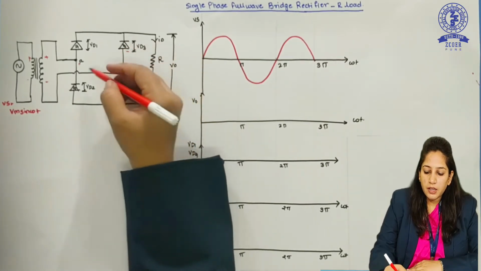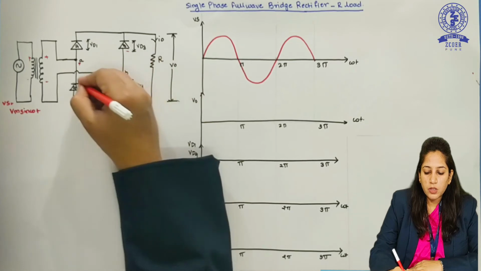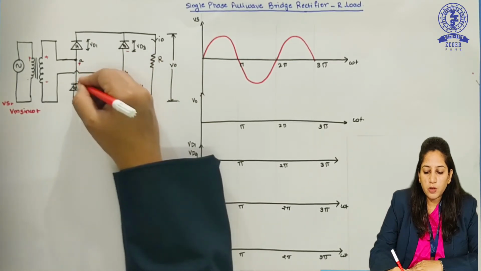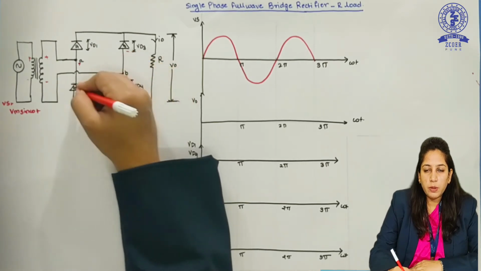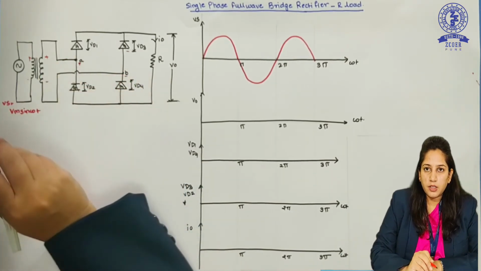Okay. Similarly here it is positive, so the negative terminal of D2 is also positive, that means D2 will be in a reverse bias condition. So D3 and D2 will be in a reverse bias condition for the first half cycle. Why? Because as I have told, due to these polarities, as I have shown.